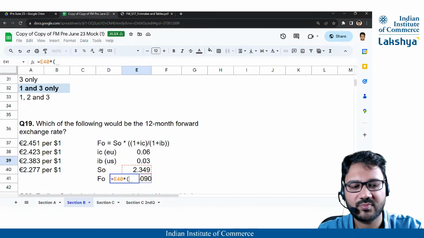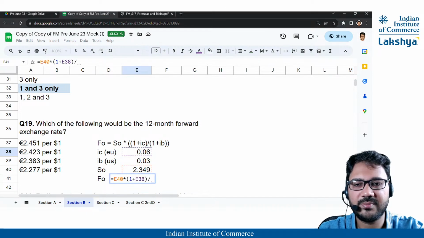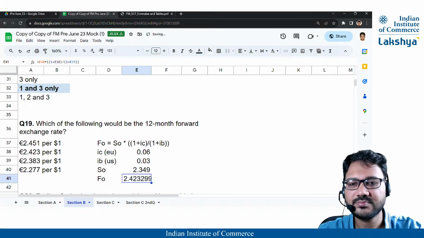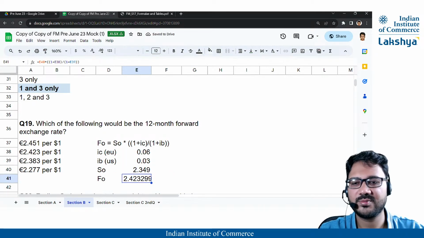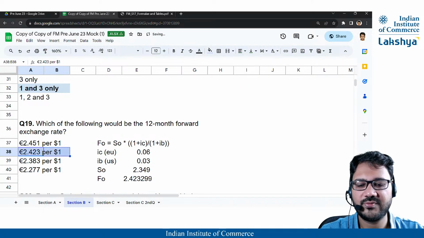Okay, sorry. 1 plus the counter currency divided by 1 plus the base currency. Let me just put the brackets properly. Okay, yeah, this makes a little more sense. 2.423. Okay, so yes, this will be our final answer.